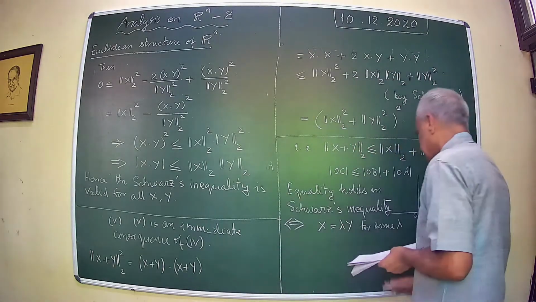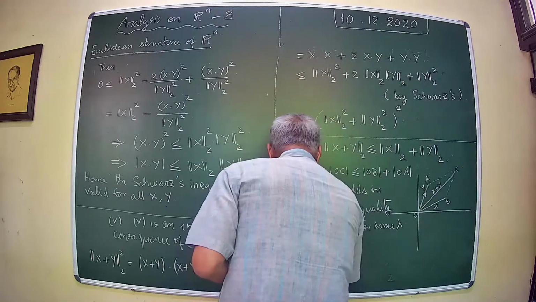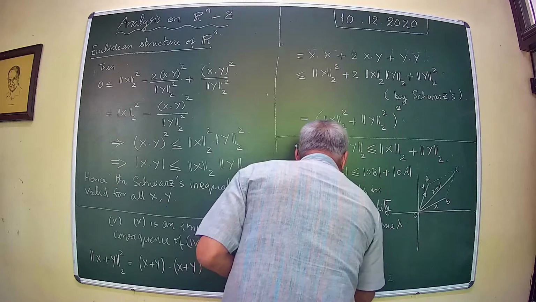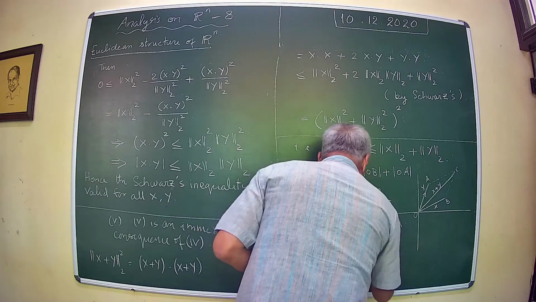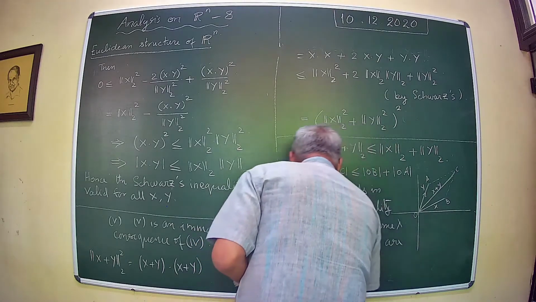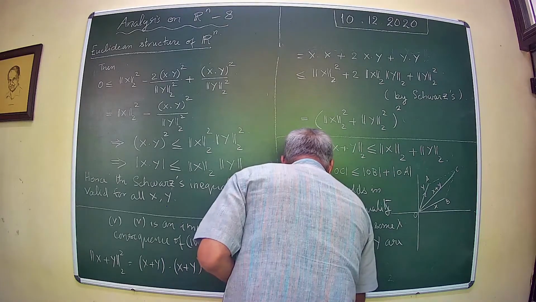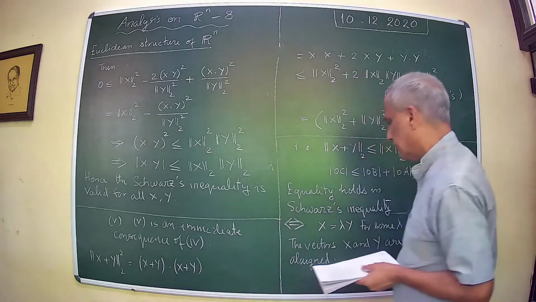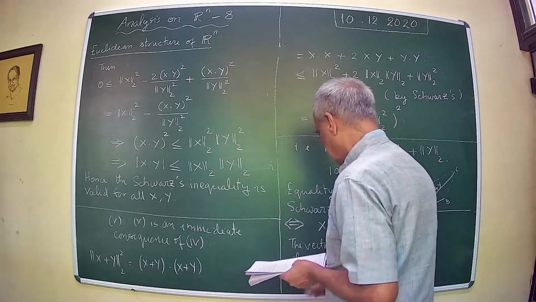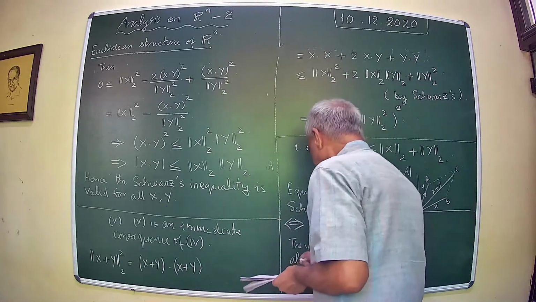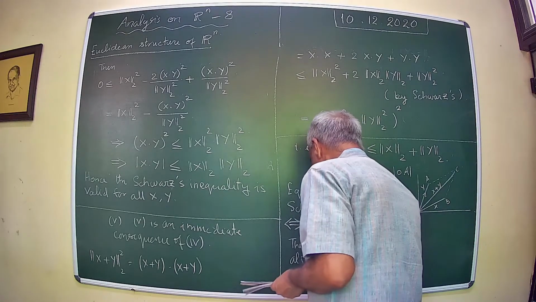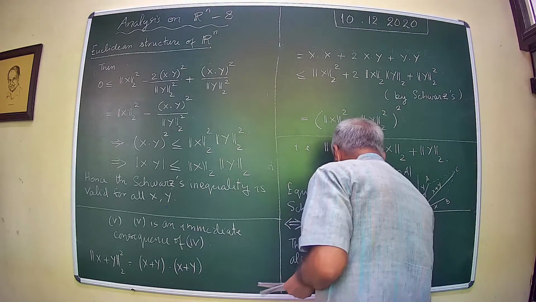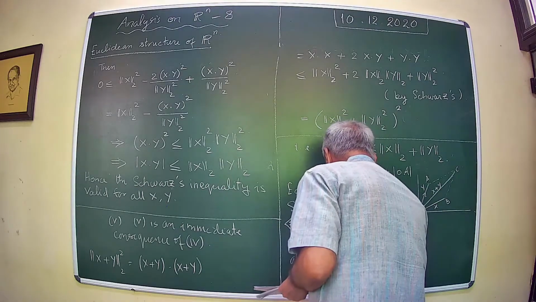That is, the vectors are along the same line.